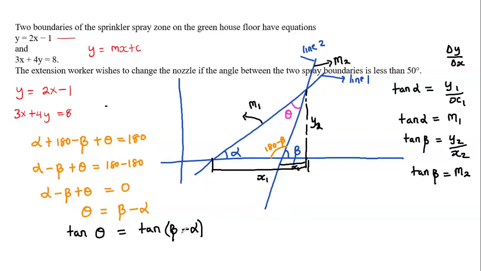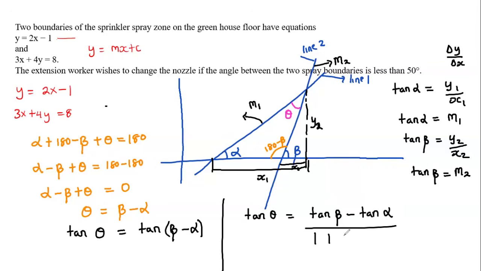Now from here, you remember your identities of tan. If I have tan of beta minus alpha, what do I get? If I'm subtracting two things in tan, we shall have that tan of theta equals tan of beta minus tan of alpha, everything divided by 1 plus tan of beta times tan of alpha.